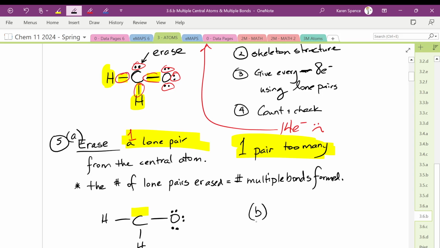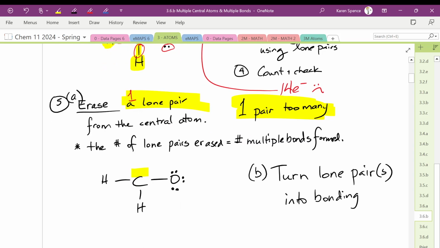5B, you're going to turn lone pairs into bonding pairs. So let's look at carbon right now. How many electrons does carbon have? 6. How many would it like? 8.